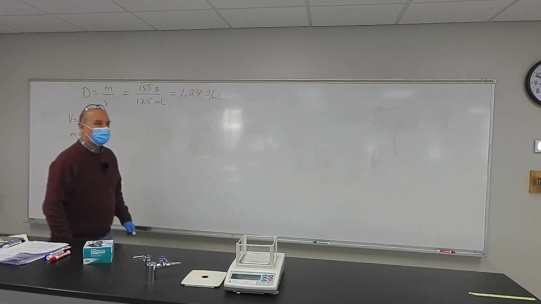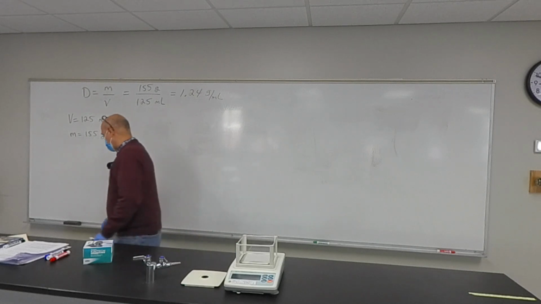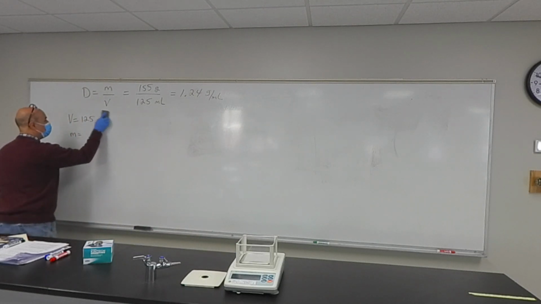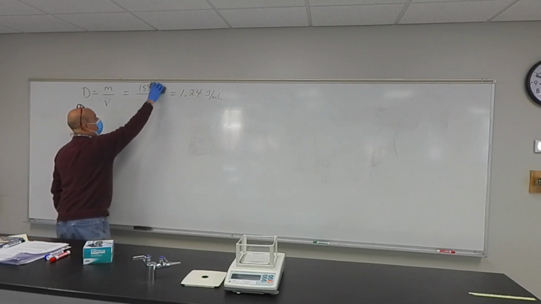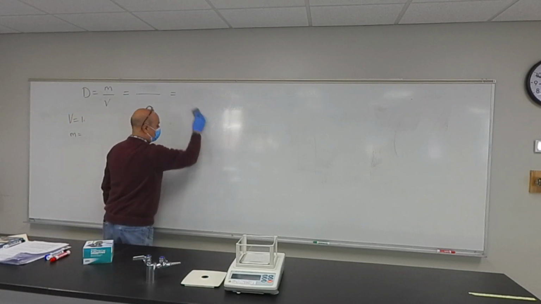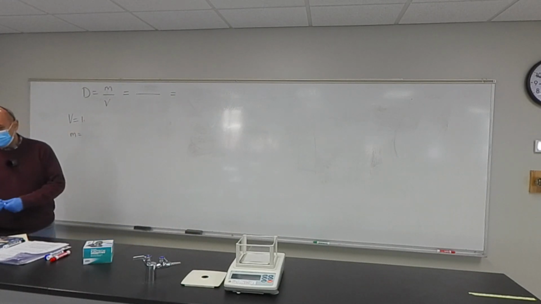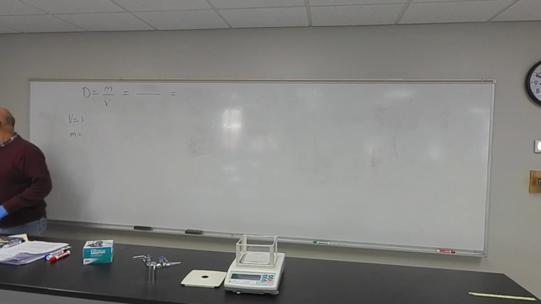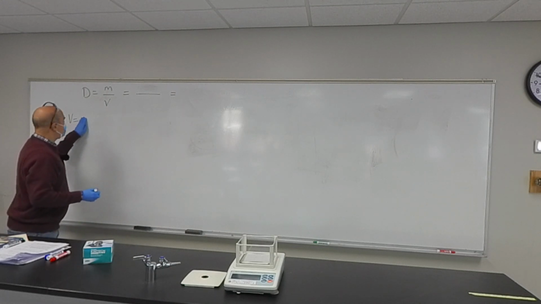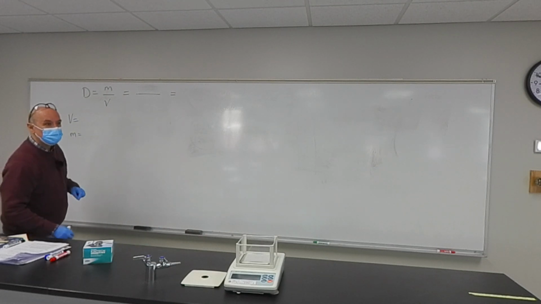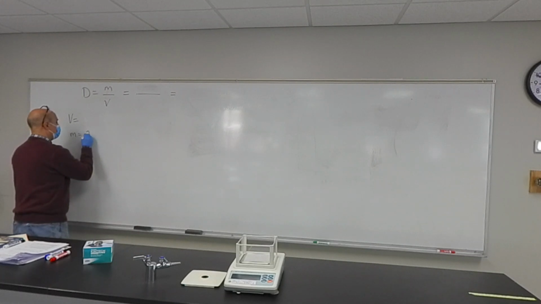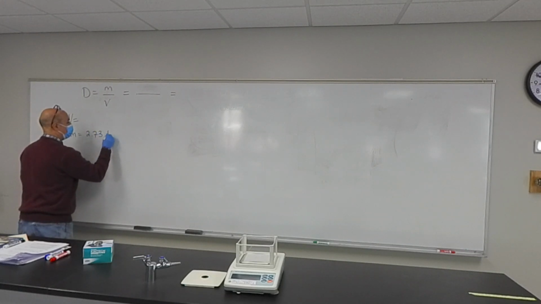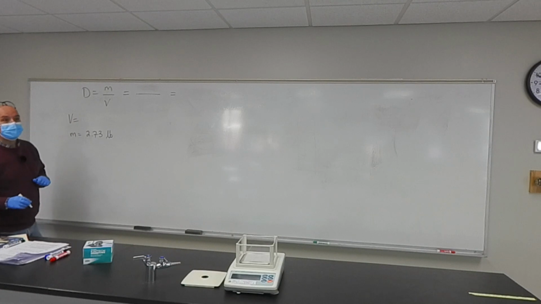Okay, so here is a second problem. They want you to calculate the density of a plastic that has a mass of 2.73 pounds and a volume of 3.6 liters.